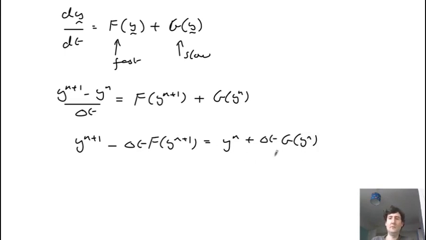So the advantage here is that if g is quite complicated, so g might be very nonlinear, or have, for example, if it's hyperbolic, these might have very strong limiters, for example, which makes it very difficult to invert them, then this you can just calculate very simply, because you know yn already. So this part is easy to calculate. And then if this is the fast part, then you need to solve this kind of nonlinear problem here.